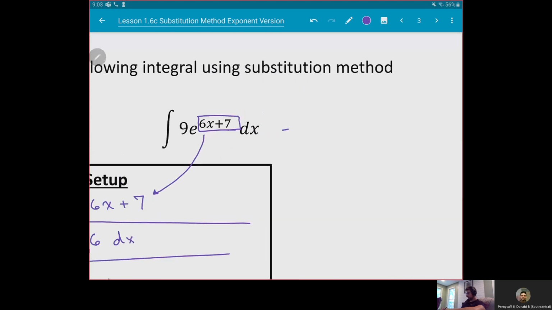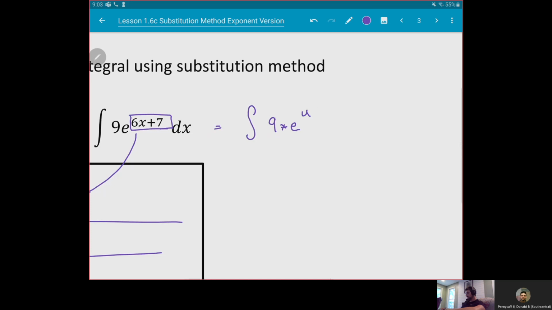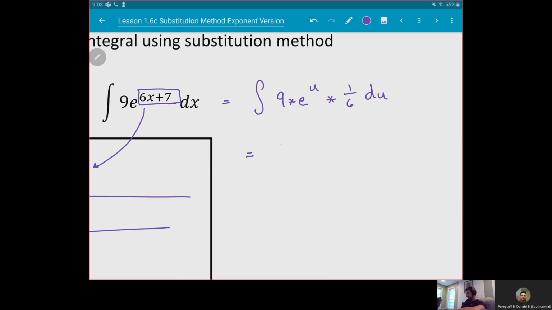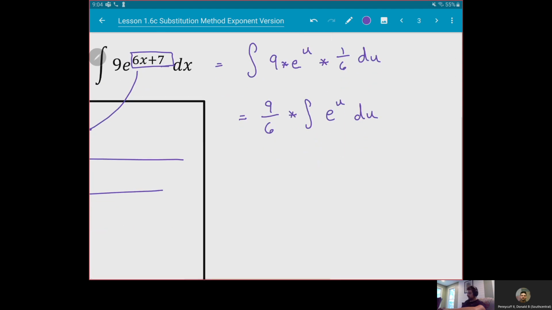So this is going to give me the integral of 9 times e to the u times 1 over 6 du. The 9 and the 6 can be moved out front. Just like so. And I'm ready to go.